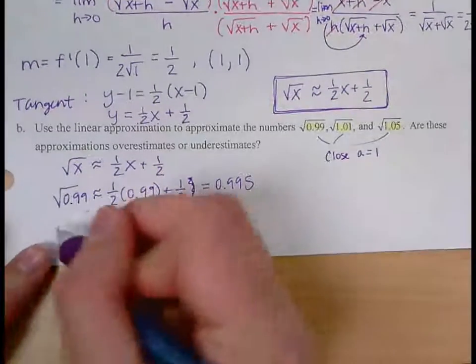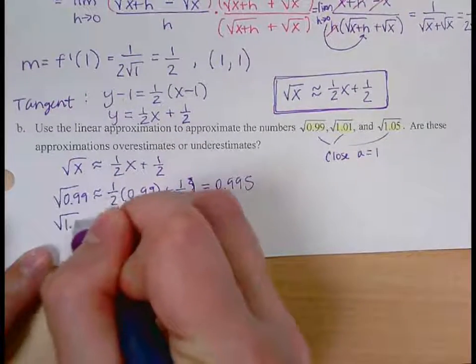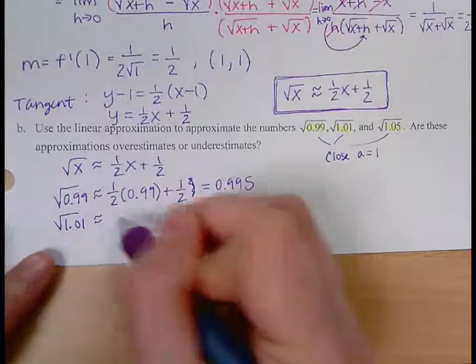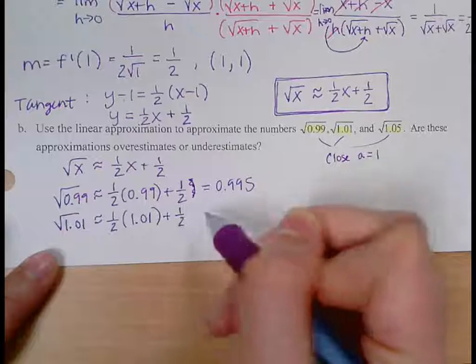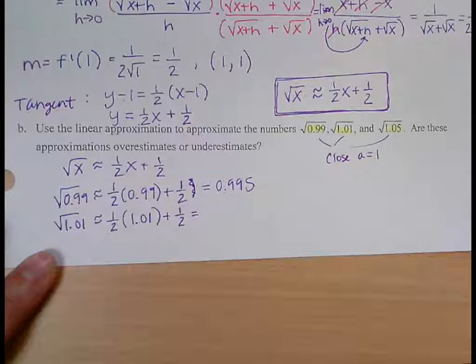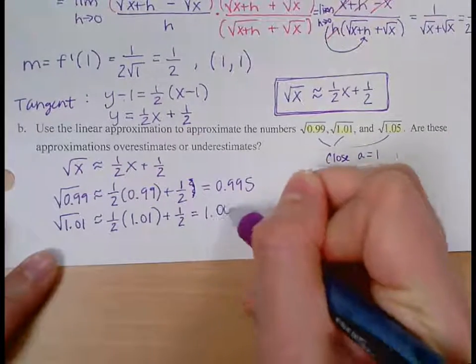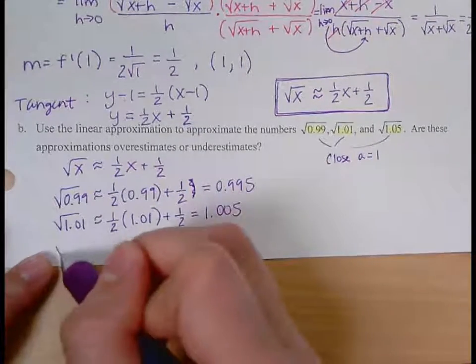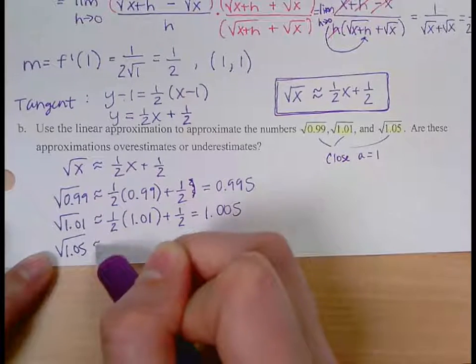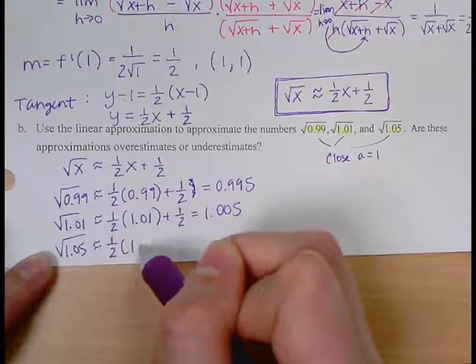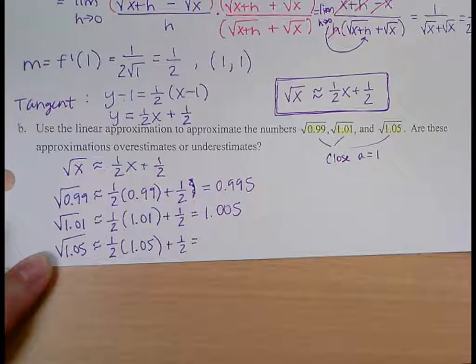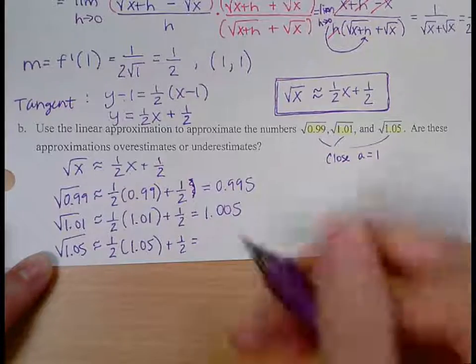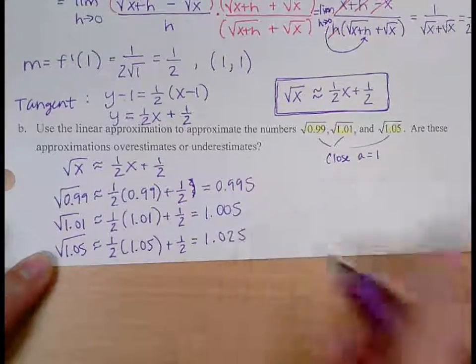Okay, so then if we did that for 1.01 and 1.05, 1.01 would be approximately 1.005, and then 1.05 is approximately 1.025.